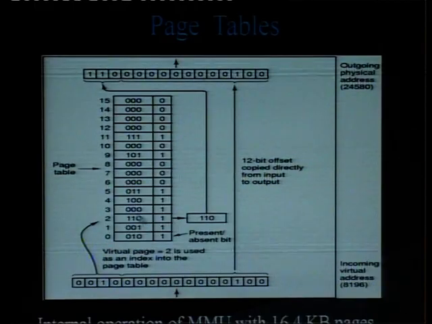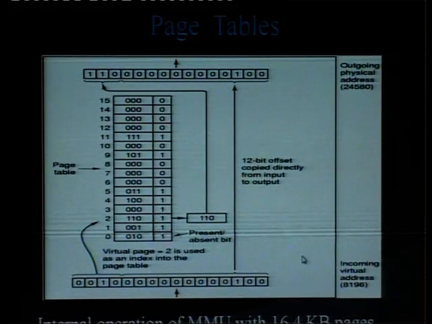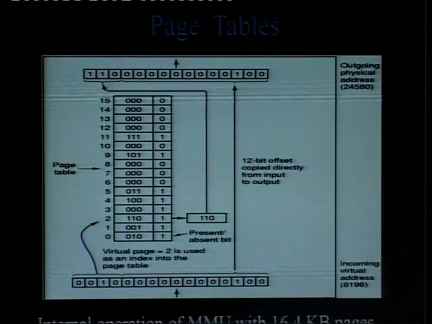So here we are getting a frame, 1 and 0. The offset bits are added to the frame, and the addition of these bits traces the physical address. So these bits generate the outgoing physical address from the incoming virtual address. In this way we are tracing a physical address using a logical address.